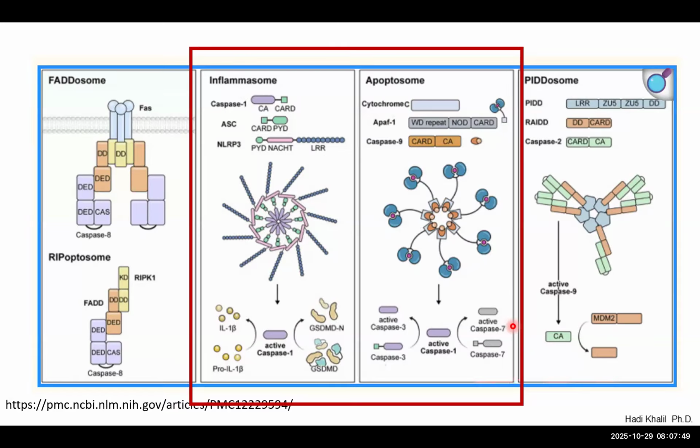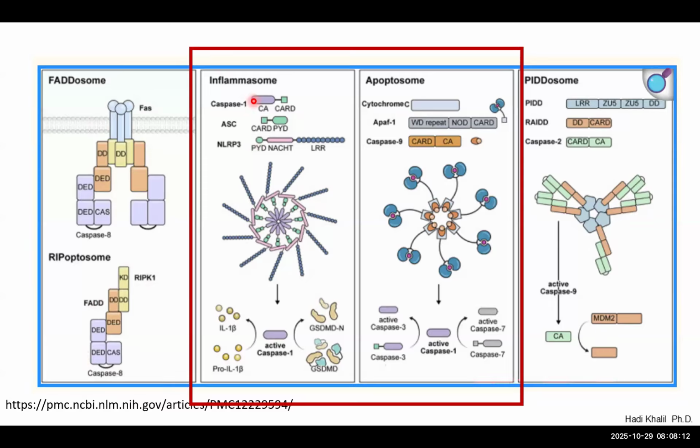And that's why you will always find in these papers and reviews the fadosome. The fadosome is, in fact, what I just explained for you. You have a Fas ligand that binds to a Fas receptor, and then the death domain and the RIP kinase and caspase 8. So that's the fadosome.